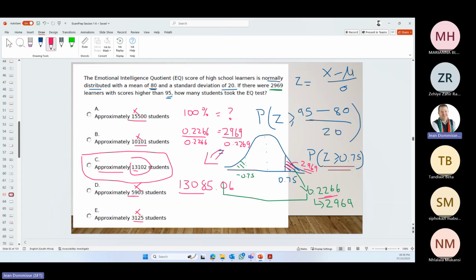So if you're stuck here at 0.2266 and don't have a clue what to do, unfortunately, there's nothing that you get marks for. So that's why I thought it's important just to show some of these more difficult, out of the ordinary questions, so that you guys have sight of that as well.